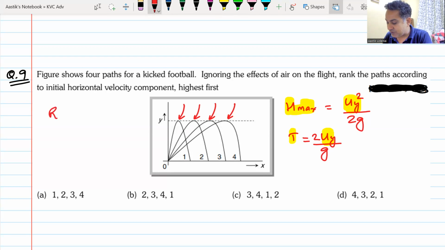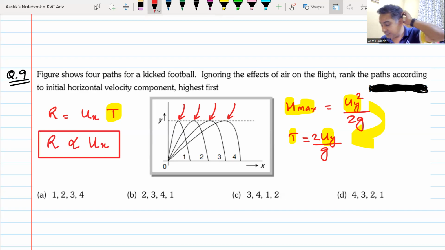Now, if I look at range, the formula that I'm going to use is ux multiplied by t. If they have the same maximum height, they have the same time. If they have the same time, then I can say range is directly proportional to ux. The particle which has more ux will have more range.